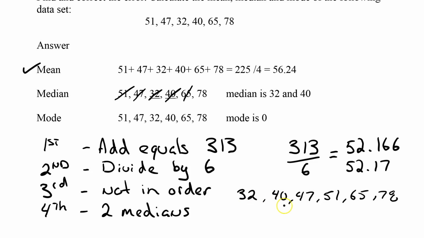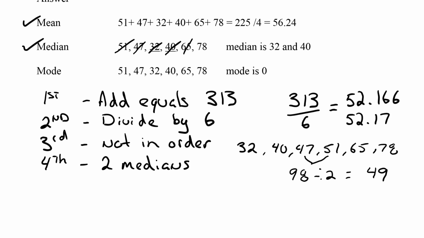There are 6 values, so my median is going to be in between value 3 and 4. I'm going to take these two numbers, add them together. 47 and 51 gives me 98. I'm going to divide that by 2, and my median is going to be 49. So I am down to one number, and it was done properly because I had to put them in order. Check off the median because I'm now done.